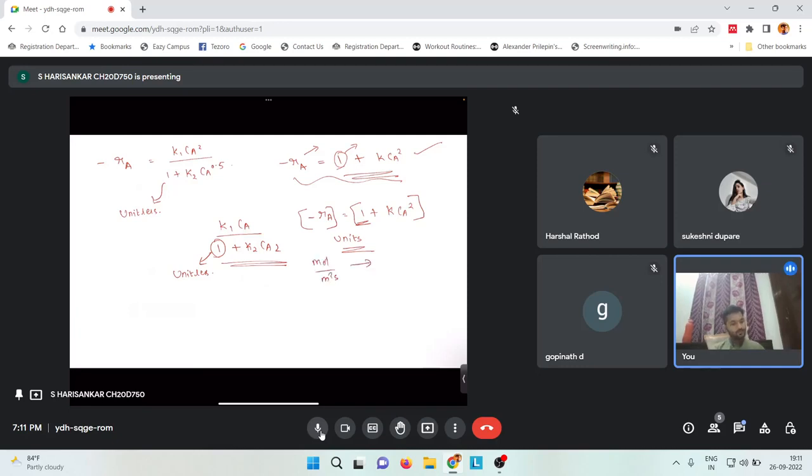This should be equal to the right-hand side as well, mole per meter cube second. So this one should have the unit of mole per meter cube second, and this K Ca square will also have the unit of mole per meter cube second. That is the concept we are using. Only if the number is in the denominator can you take it as a constant with no units. Fine.